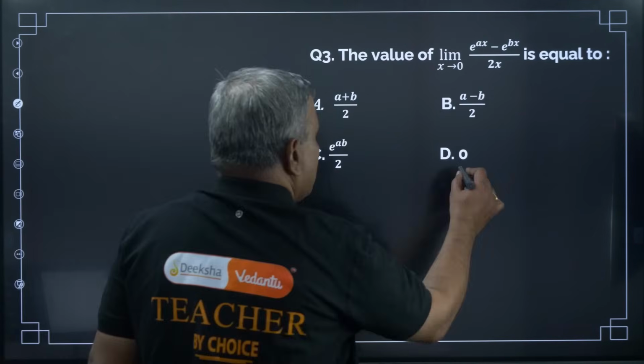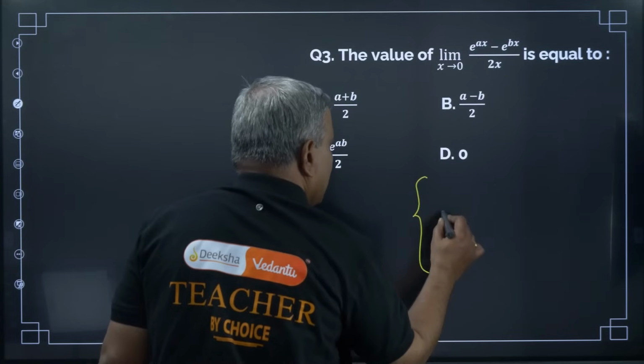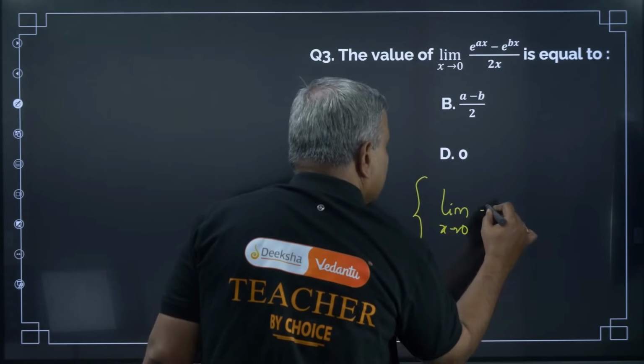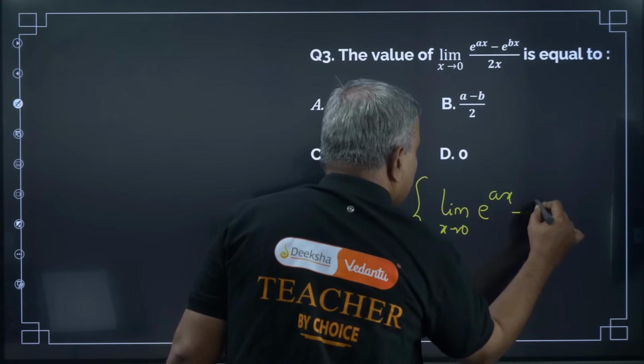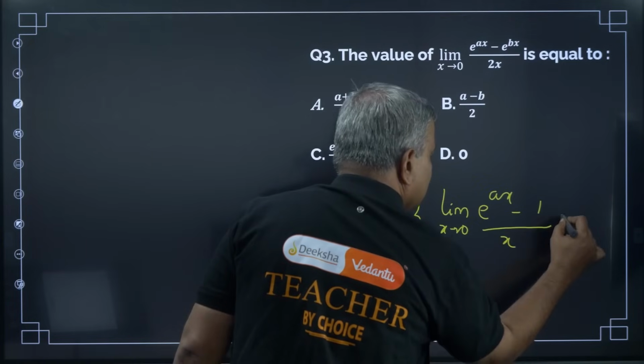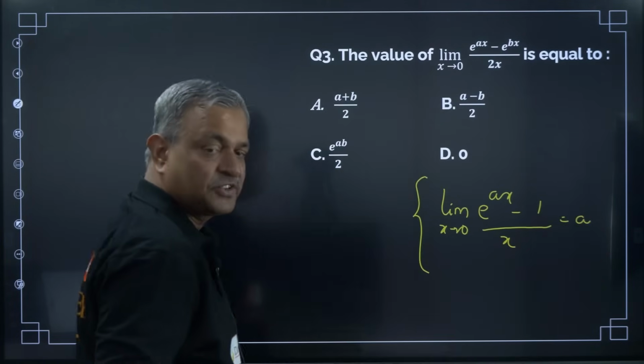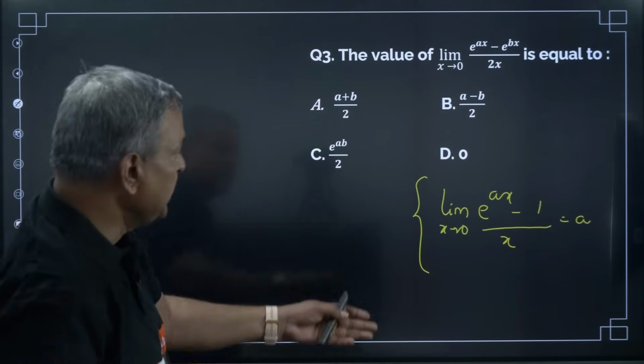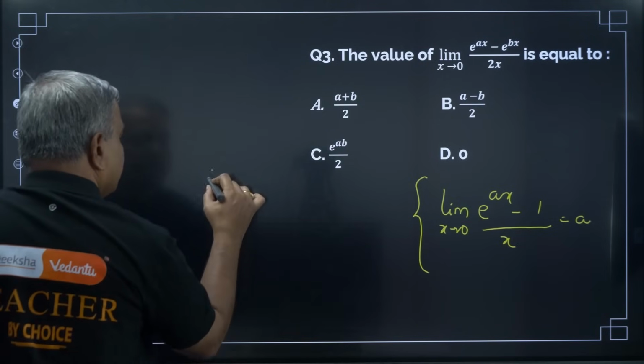Before we start this problem, your standard formula: limit x tending to 0 of e to the power ax minus 1 by x is equal to a. That is the standard formula. The same thing will apply here.